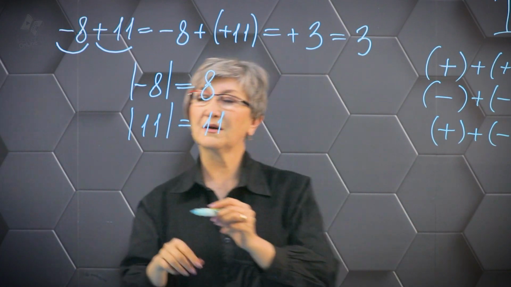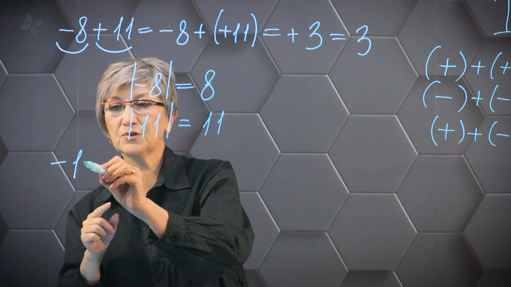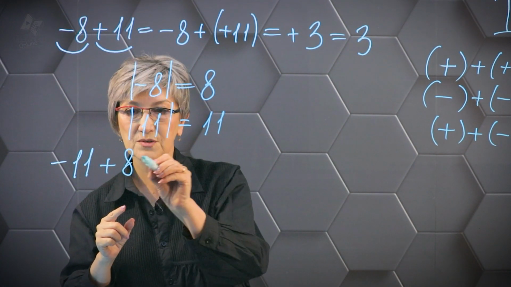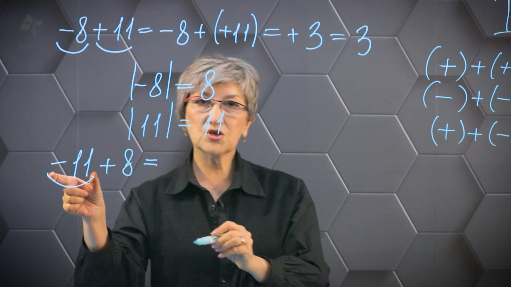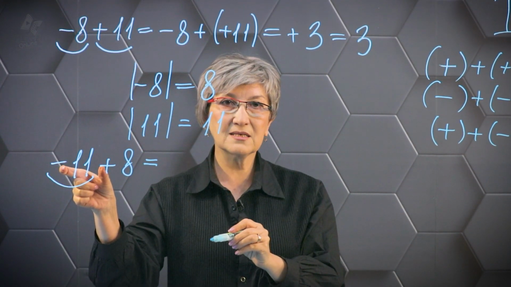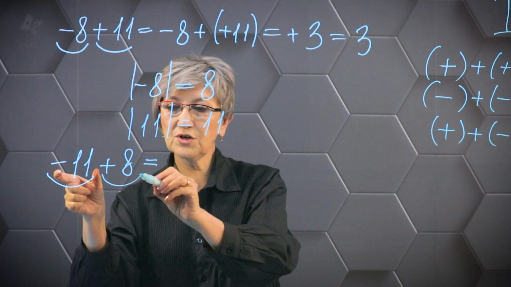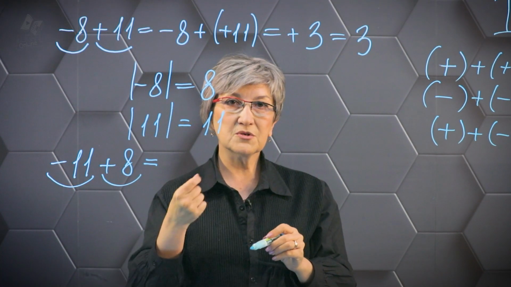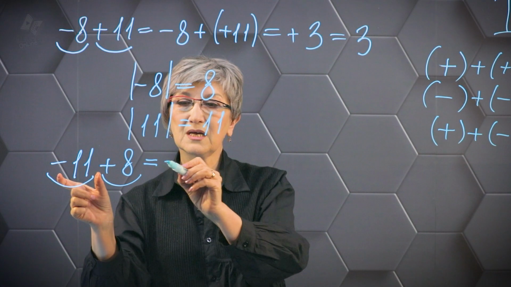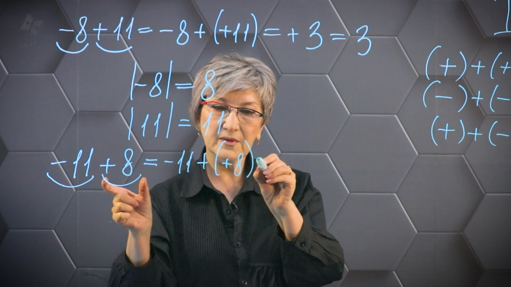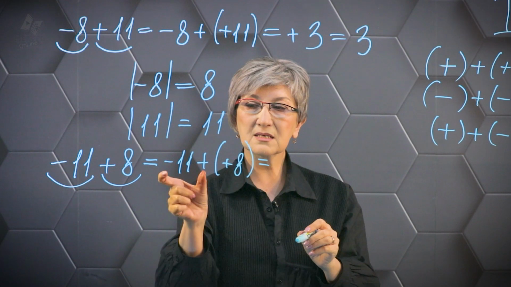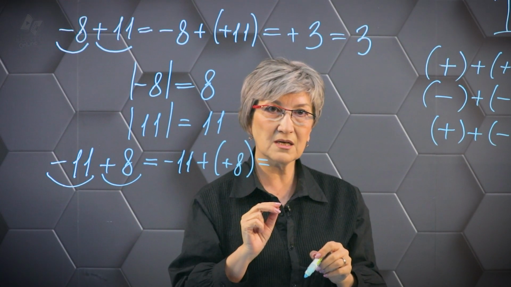One more example. Let's look at -11 plus 8. We can see that the number 11 is negative, and the number 8 is positive. In this case, we can again write -11 plus 8, and then I add the two numbers with different signs.